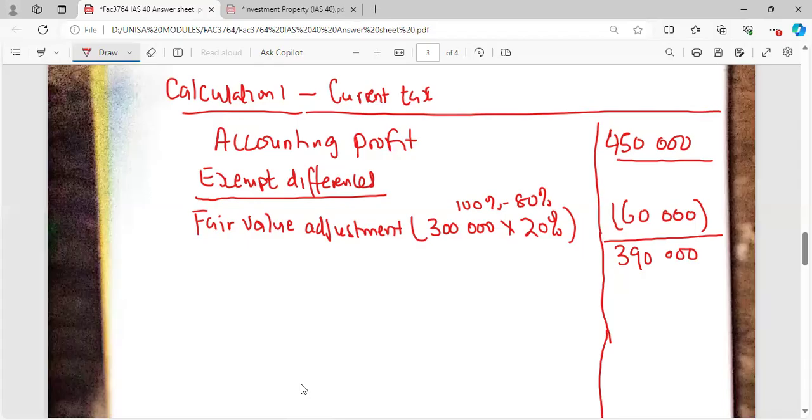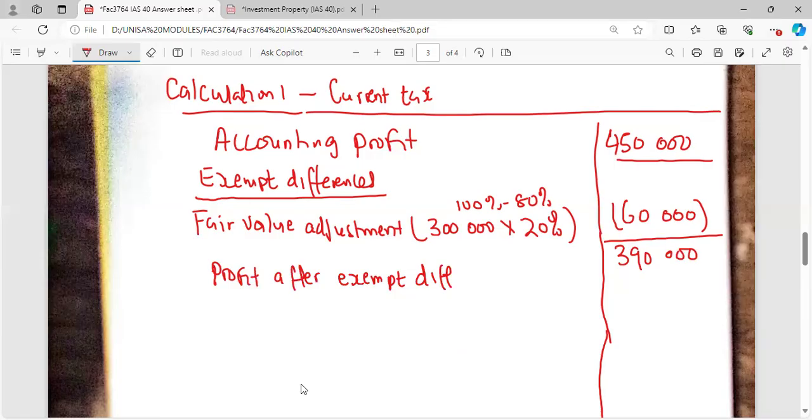It's taxable income, or we can call it profit after exempt difference. Remember, we're still going. Right? So this is the profit.